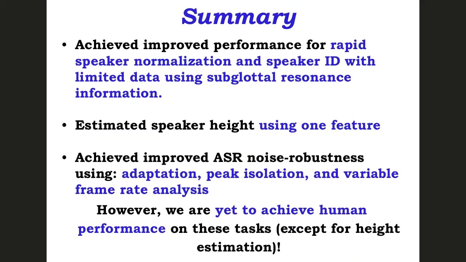But we're yet to achieve human performance. And I think this is going to keep me busy until at least I retire. The machines are very good if they have seen examples of the same thing before. But if it's been trained on your voice when you didn't have a cold and then you have a cold and talk to it, or if you have an accent it hasn't seen, it still doesn't work.